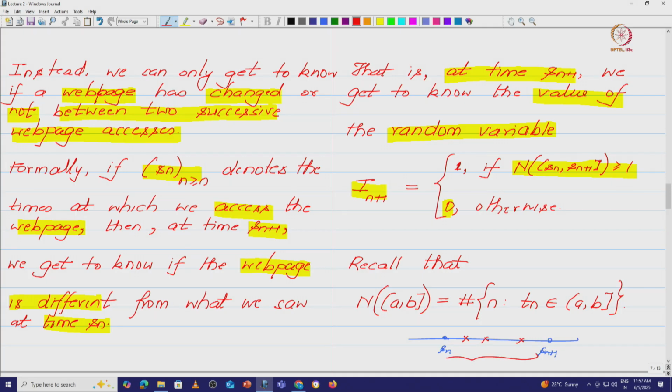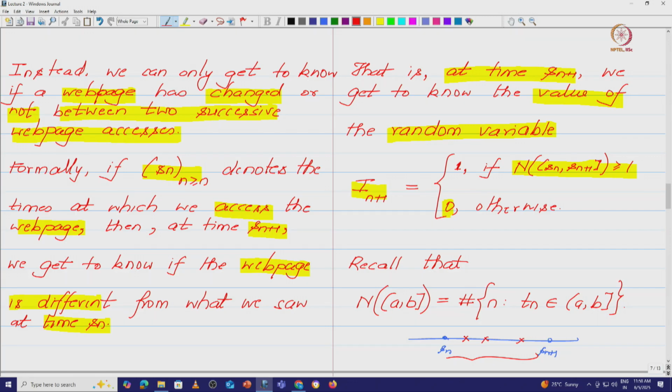But In plus 1 will not tell you how many times it has changed. Instead, it will only tell you if it has changed or not. So you can see that In plus 1 actually only gives you partial information about the web page change process, and using this partial information our goal is to estimate the value of lambda.